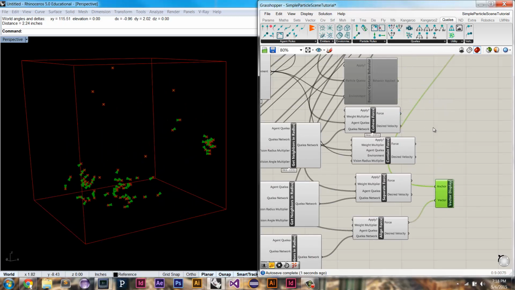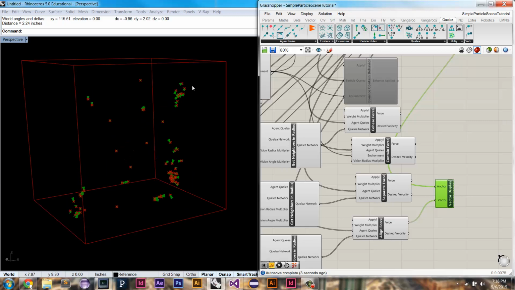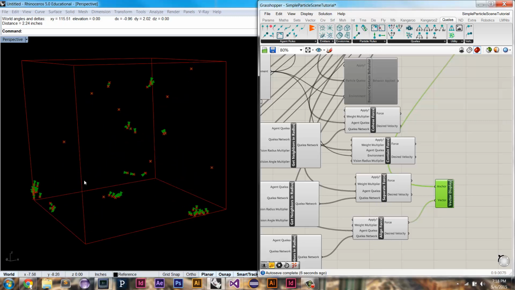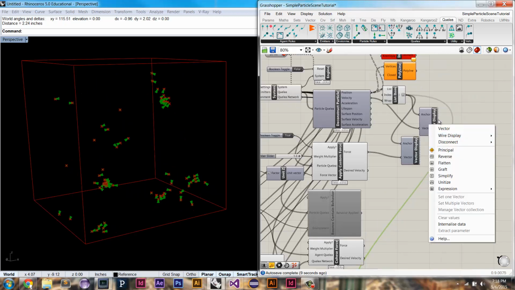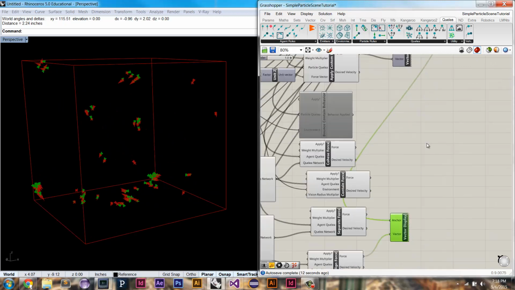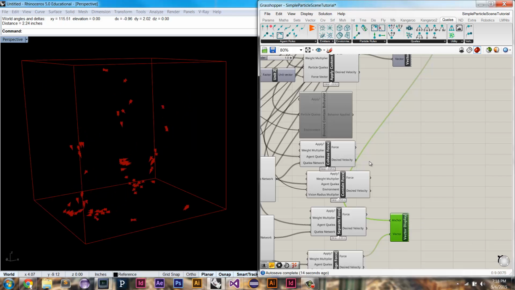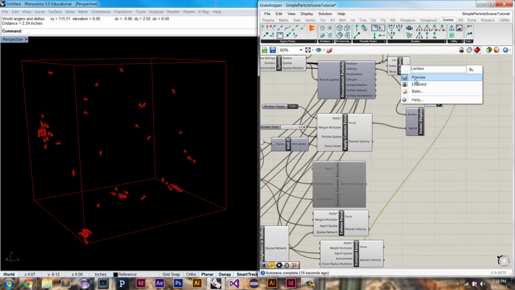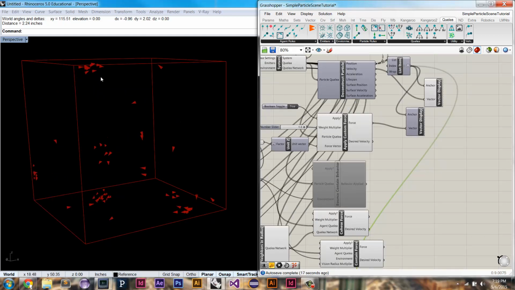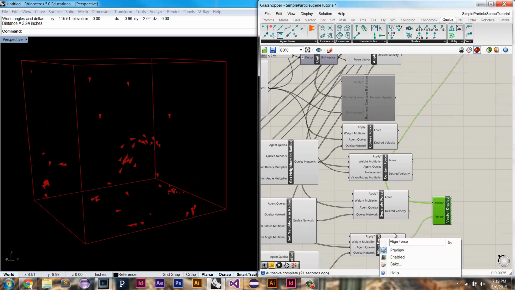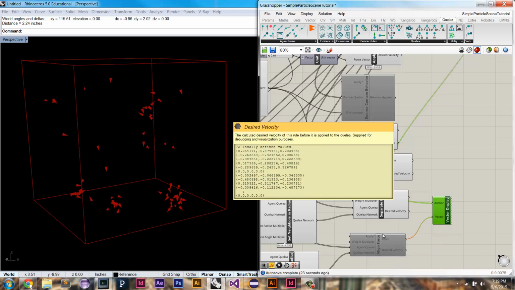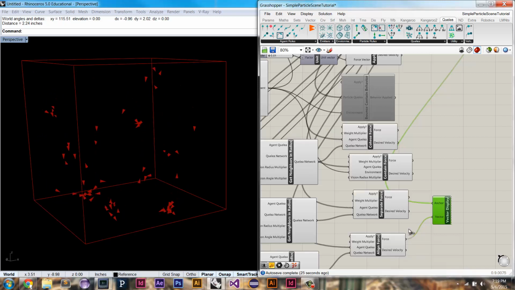So let's look at alignment. We can see the alignment is pretty much telling them to match their velocities, right? And here it might be useful to see the actual direction of the agents in the scene. So here now we can see with that align on, they match their velocity.